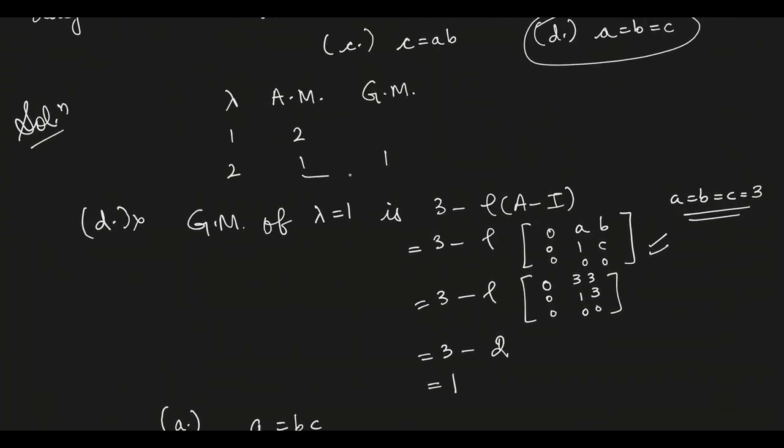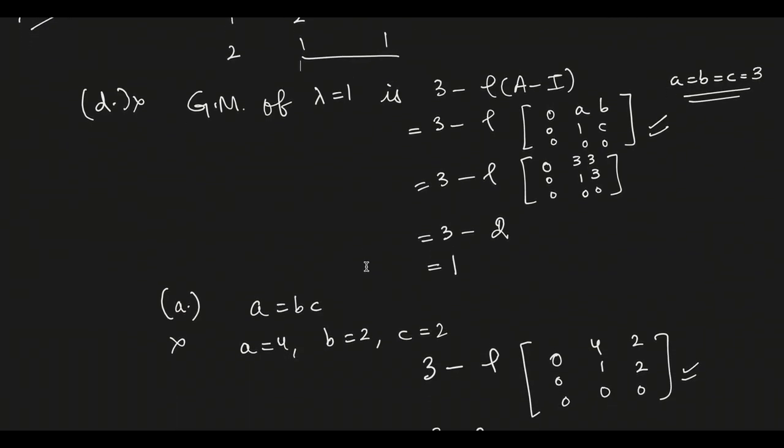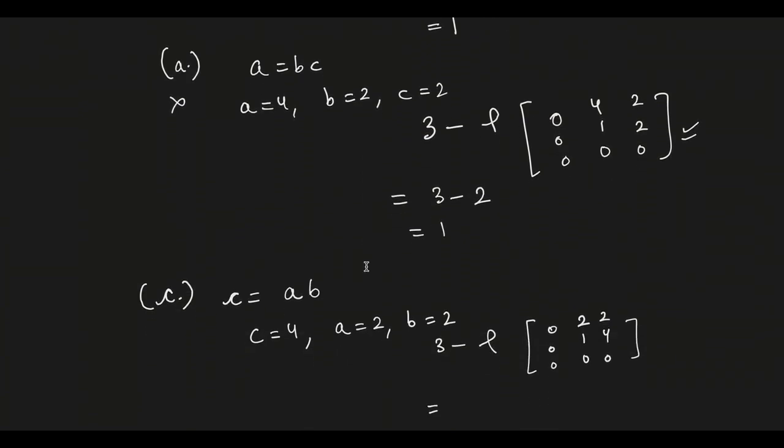In that case, A minus lambda I becomes minus 1 A B, 0 0 C, 0 0 minus 1. So I need the rank of A minus lambda I as 2. So C should be minus 1.